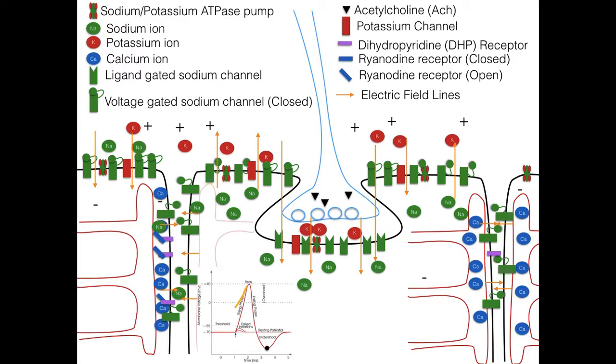So even though our action potential has come and gone at this point, this calcium is still out. And it's actually the calcium that's going to cause the muscle to contract. All of this song and dance with the action potential has just been to coordinate the release of calcium.